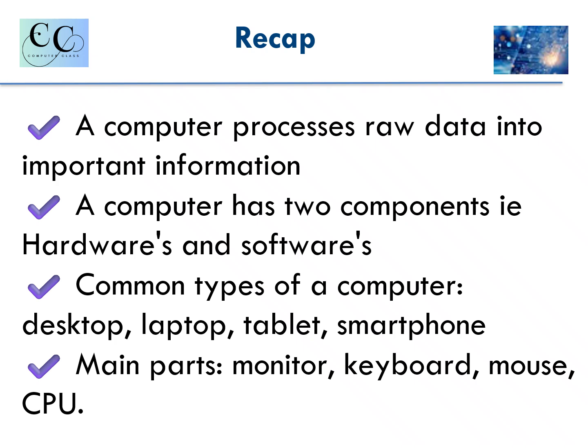And as we have said, hardware is anything that you can touch. The software you can't touch. Those are programs. Common types of a computer, we have desktop, laptops, tablets, and smartphones. The main parts of a computer are the monitor, the keyboard, the mouse, the CPU. With those parts of a computer, you can input your data into your computer.